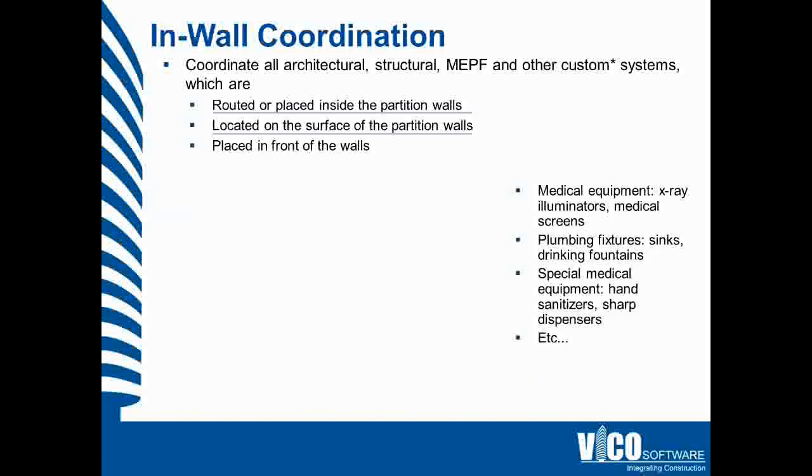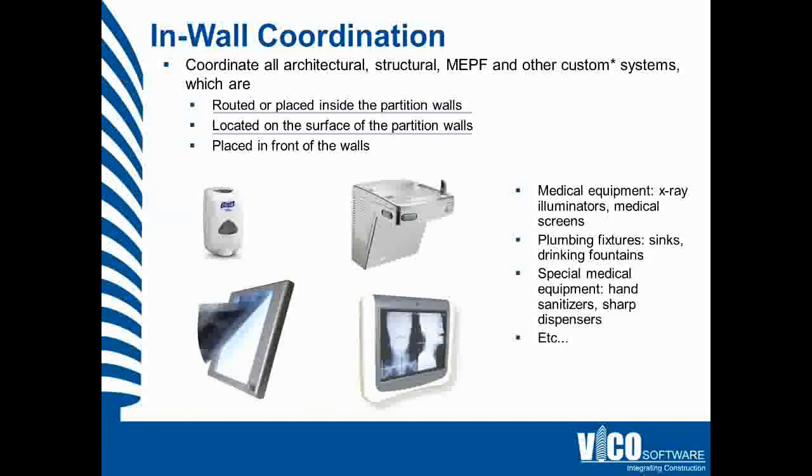On the surface of the wall, and let's stick to the example of a medical building, you have to place different medical equipment, which can be on the bottom line. You can see, for example, X-ray screens and different medical screens. On the top, you can see a simple drinking fountain, but obviously it requires some drinking water as well, so piping behind it.